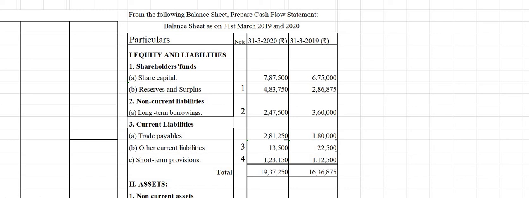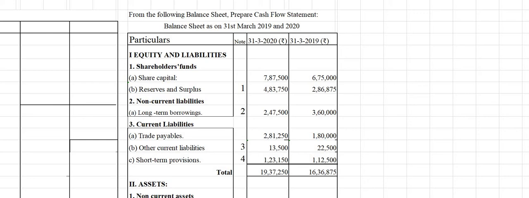Dear students, today we are discussing the third problem from cash flow statement. This will be the last problem in this chapter. So by this we will be completing the 12th class accountancy.